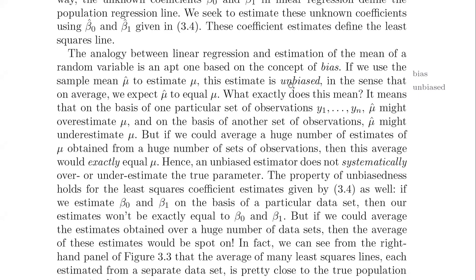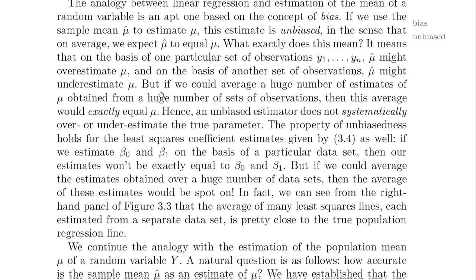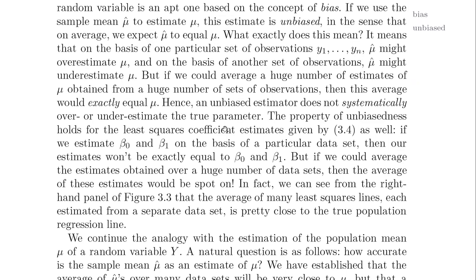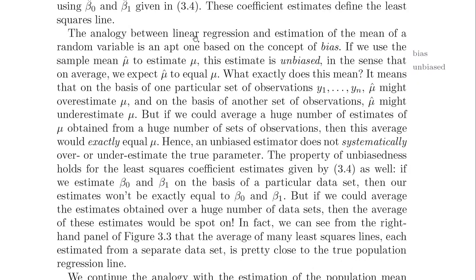If we had to collect sufficiently many data sets, calculate the mean of each one, and then calculate the mean of those means, then you would expect that would be exactly equal to the true population mean. This is what we mean by unbiased.